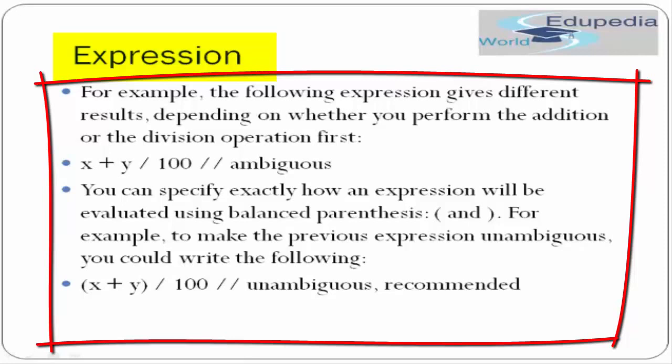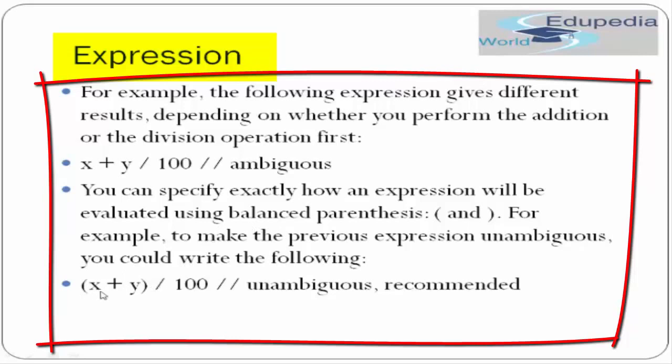So in this case, you can specify exactly how an expression will be evaluated using balanced parentheses. These are balanced parentheses. For example, to make the previous expression unambiguous, meaning to make sure that this will be the result and this is how we want to execute it, you could use balanced parentheses.